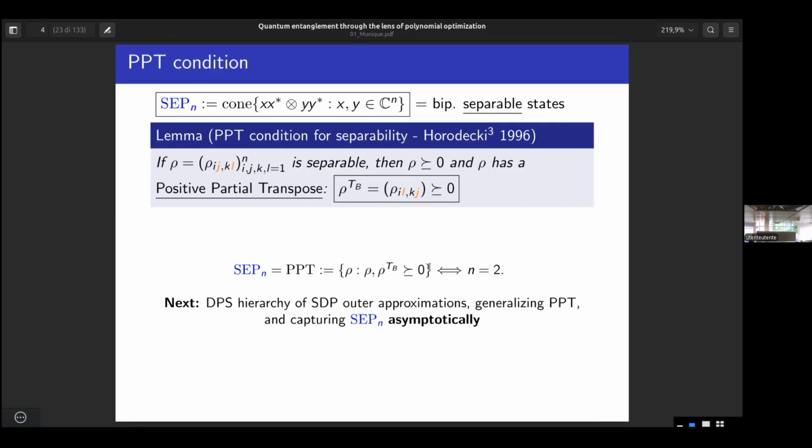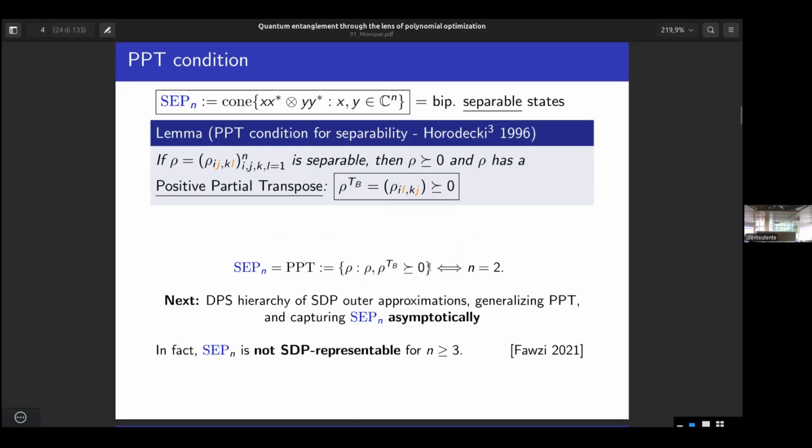And I stress it asymptotically because we're never going to find a single semi-definite program which represents a separable cone, because it has been shown that this is not possible for n at least 3. The best you can hope is to characterize the cone in an asymptotic way. So I should say, don't hesitate to stop me if there are any questions, please.